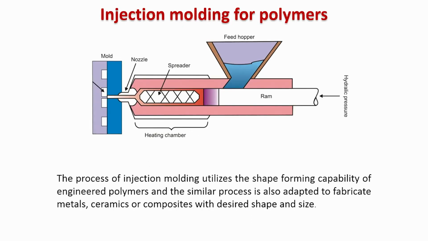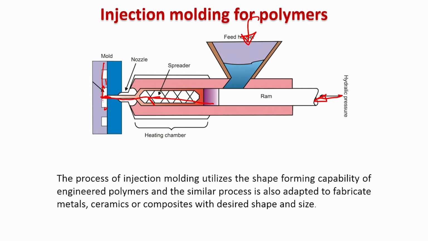So, this is essentially the lower part of the earlier slide. You have a feed hopper where you can put the polymer granules or small pellets. Then the ram will be forced from one end to push the polymeric charged material into the mold.